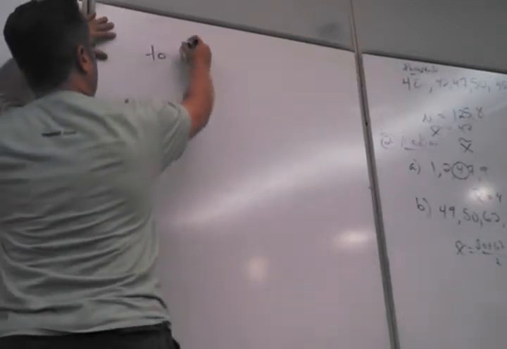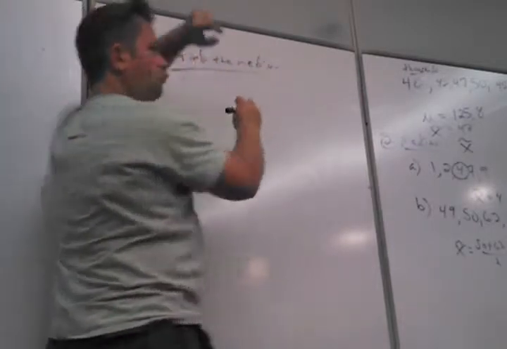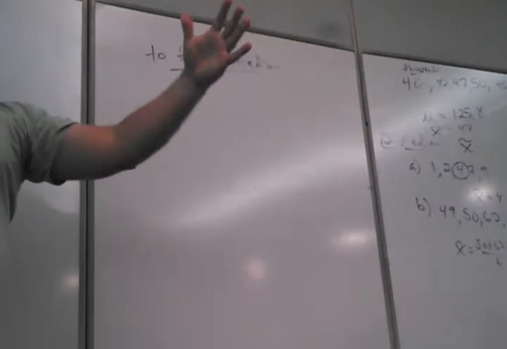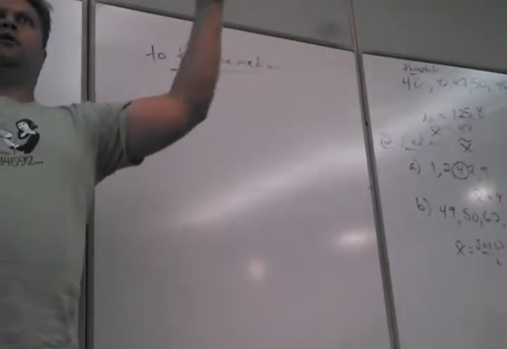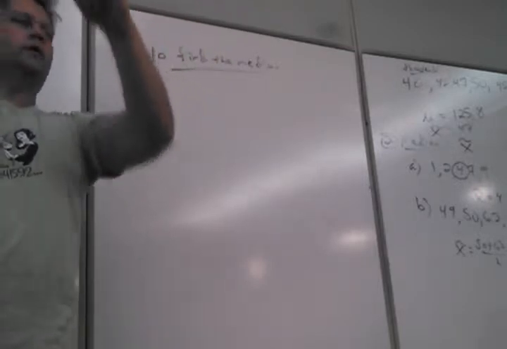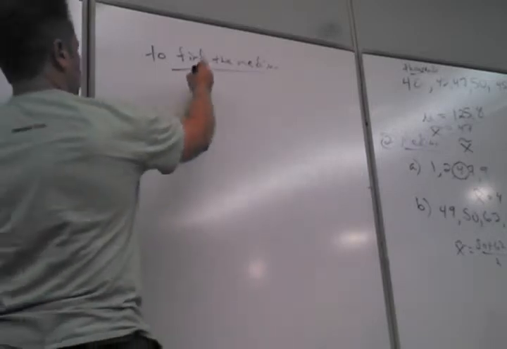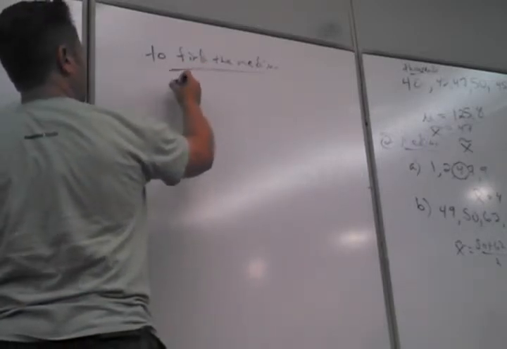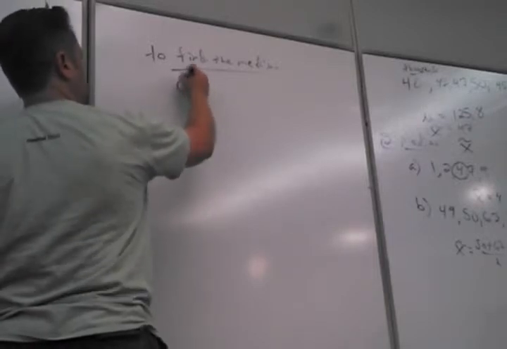So to find the median, especially for a really long list of data, right? Because I don't want to count into the middle for 1,200 data points to get the middle. No, oh God. So I want a quick way to get there. So here's the quick way. It's a 2-step process.